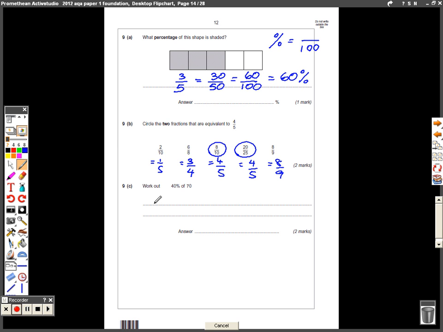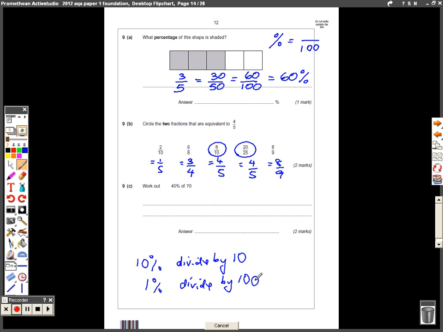9c, 40% of 70. Well, with percentages, remember to work out 10%, we need to divide by 10. To work out 1%, we need to divide by 100.